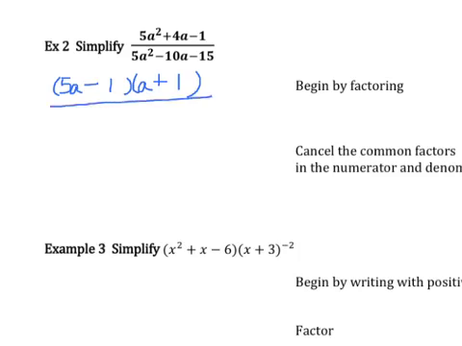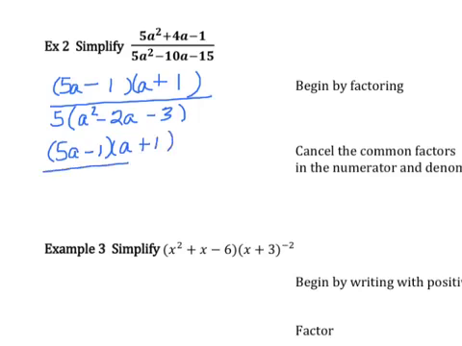My denominator, I have a common factor of 5 everywhere, so I'm going to factor out the 5 and say a squared minus 2a minus 3. And this is also factorable. So we're beginning with this problem with the thought that we're going to be canceling, and my numerator is completely factored, so it's going to give me a hint as to what one of my factors could be.